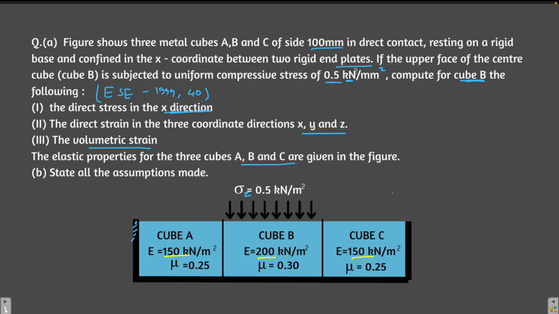The values of E are given to you, and mu, that is Poisson's ratio, is given to you, and that's different for all the three cubes. Now there is part B of the question, and it says to state all the assumptions made. Whatever assumptions we are taking, we have to state that. So this was for 40 marks. This is going to be a very important question.